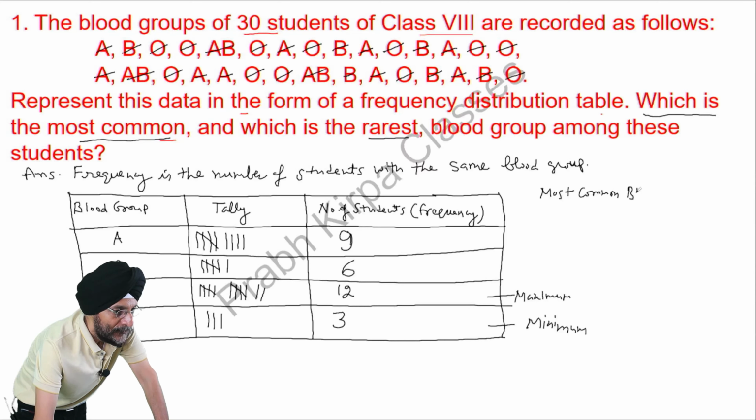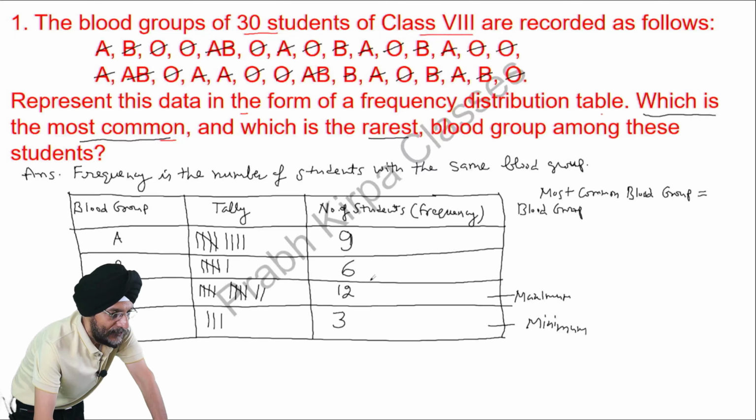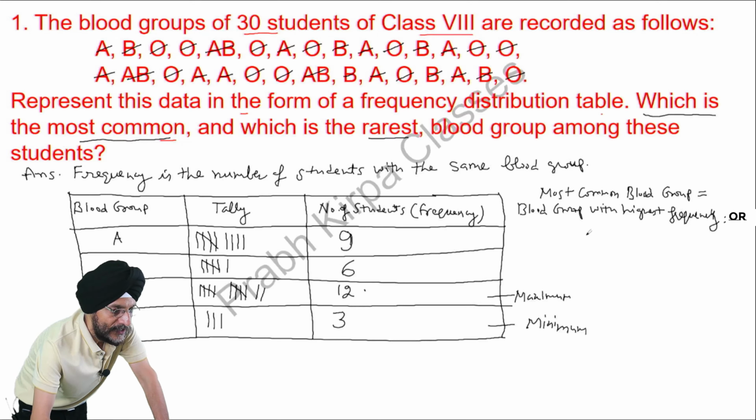The most common blood group is the blood group with the highest frequency, or we can say the maximum number of students.